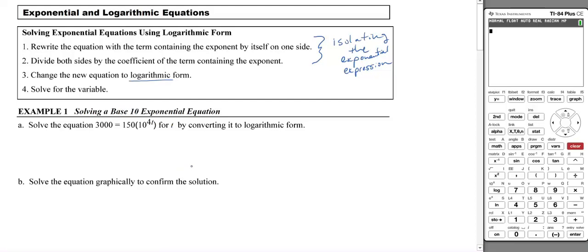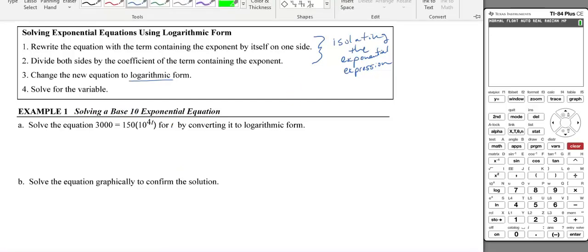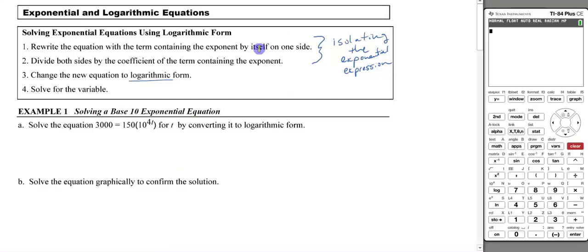Example 1, solve the equation 3000 equals 150 times 10 to the 4t. First thing I'd like to do is identify the exponential expression so that we can isolate it. The exponential expression is simply the base with its exponent.